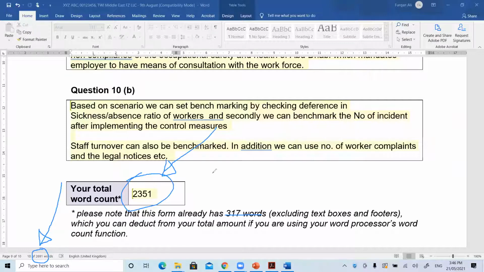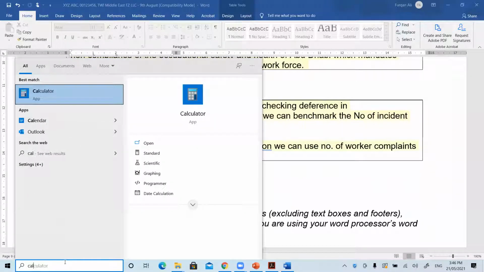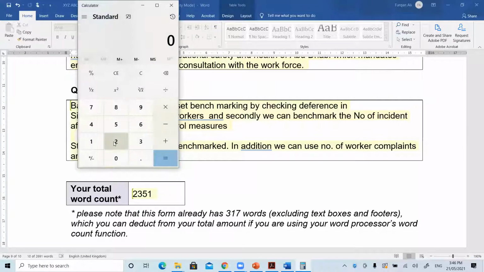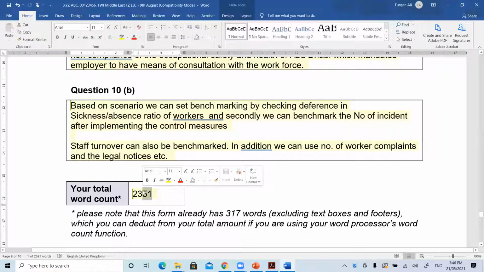Now we need to subtract 317 words which are already in the format. So let's do this. Where is the calculator? So total words as per Word is 2691. We minus 317, 317 equals 2374. So there are some extra words which I typed today. So 2374, this is the word count.